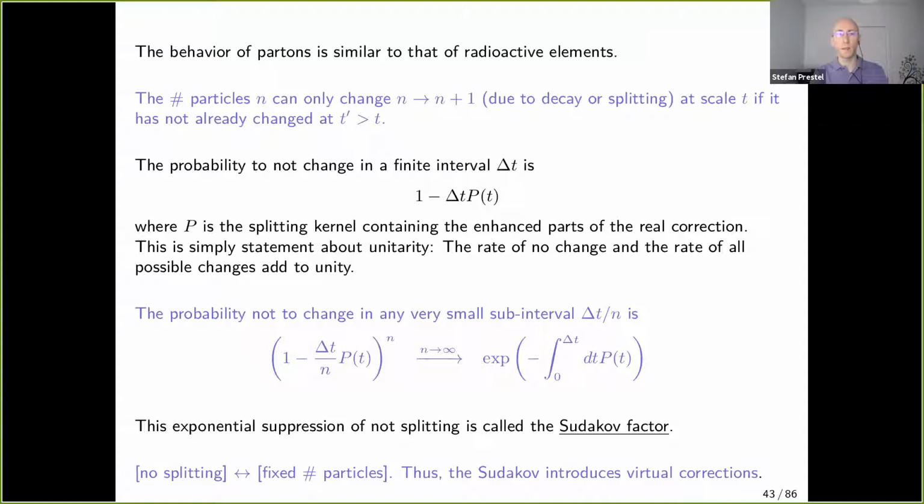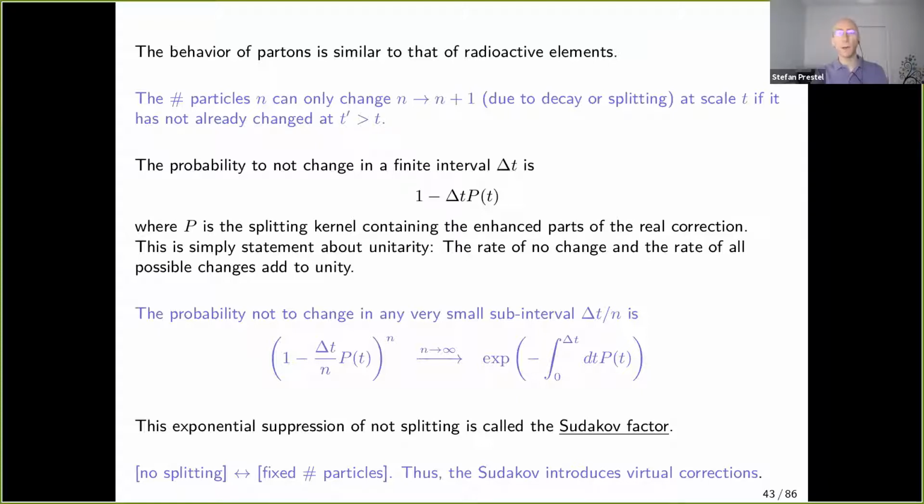In the picture of partons that can radiate other partons because of these infrared singularities, this P is actually the splitting kernel that contains all the enhanced parts of the real correction, so all the virtuality. And this statement is simply a statement of total probability conservation: the rate of no change and the rate of all possible changes add to unity. This is just what this says.